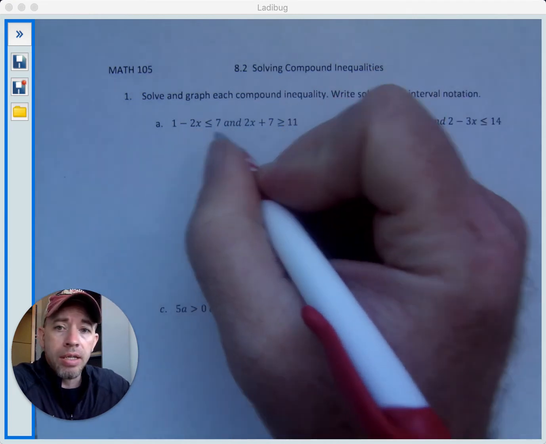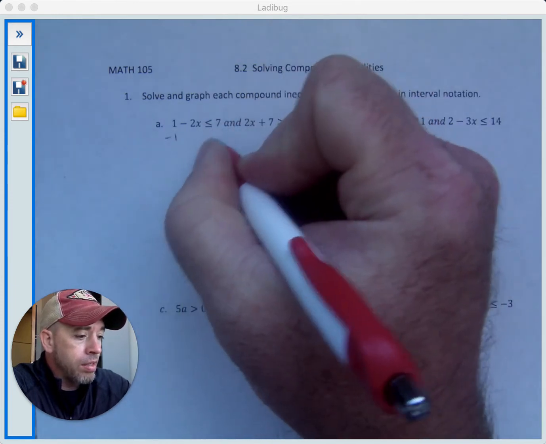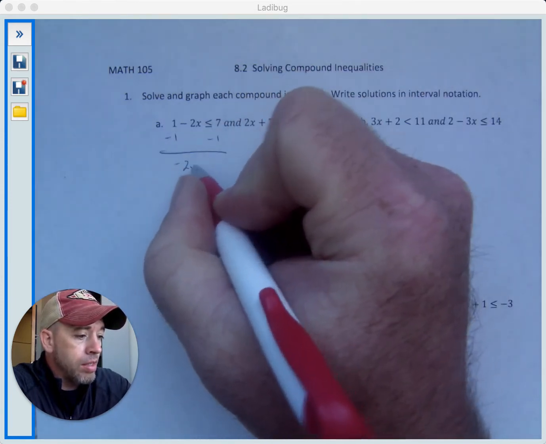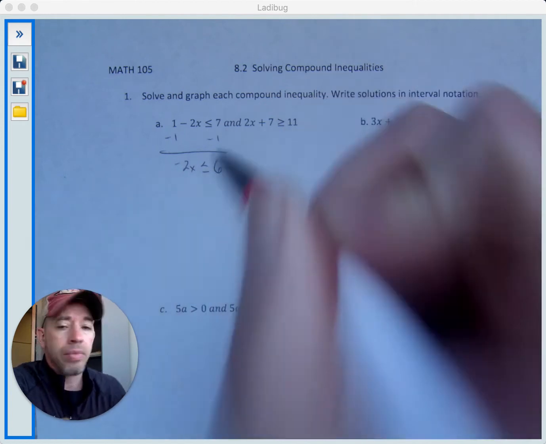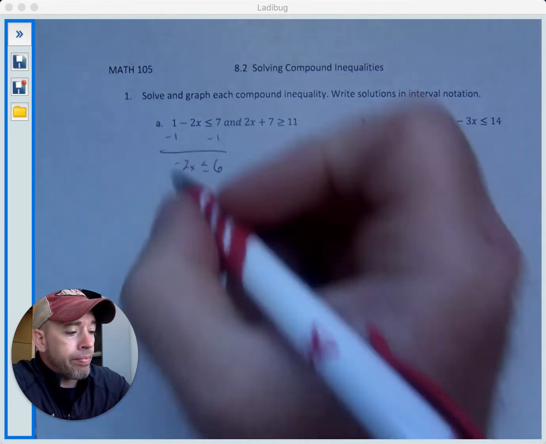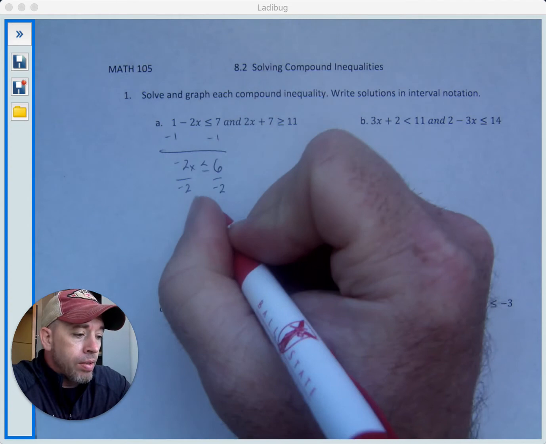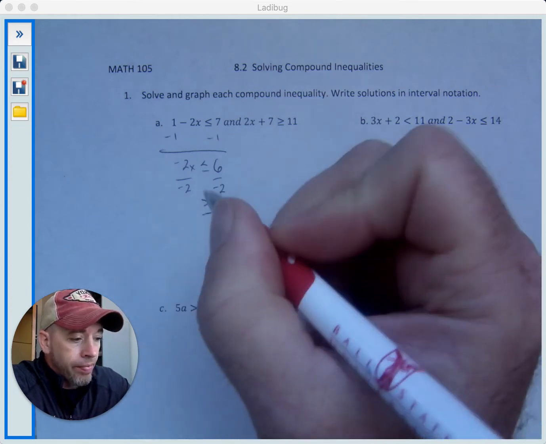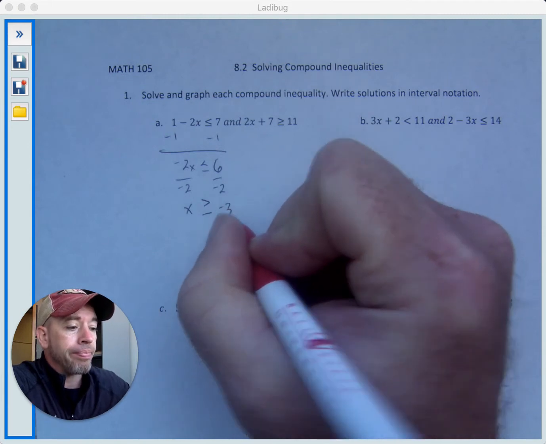So we want to get the x by itself, so I'm going to subtract the 1 from both sides, and we get negative 2x is less than or equal to 6. Divide both sides by negative 2. When we divide by a negative, don't forget we flip the inequality sign. We get x is greater than or equal to negative 3.